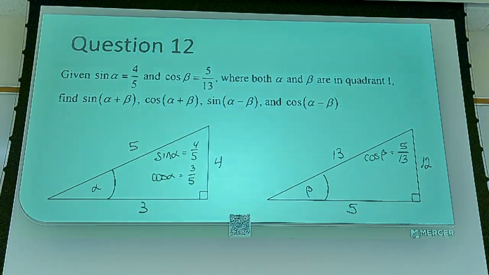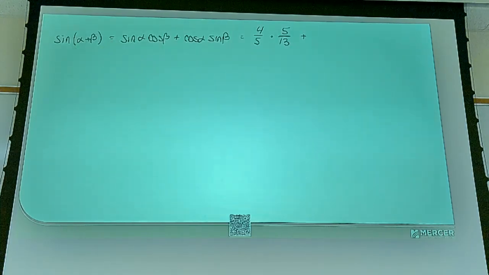We also need sine of beta. What's sine of beta? 12/13. Now it's just a matter of actually doing this. 4 times 5 is 20. What is 5 times 13?